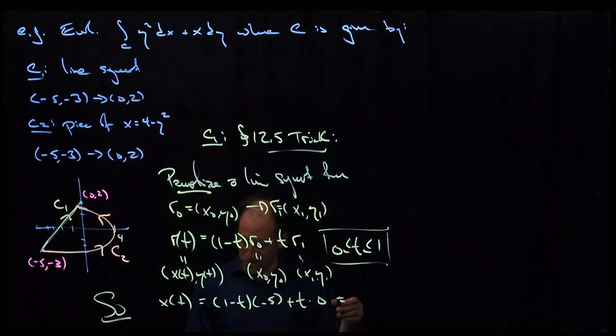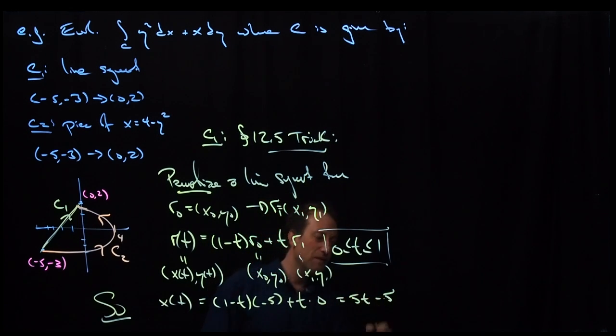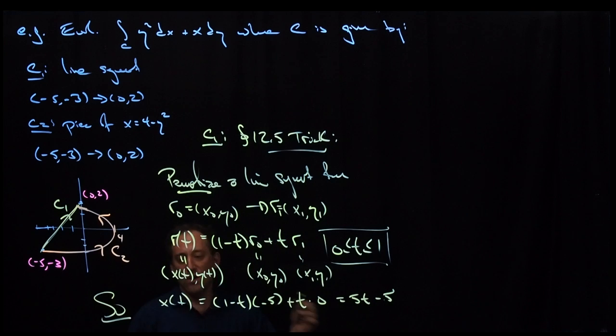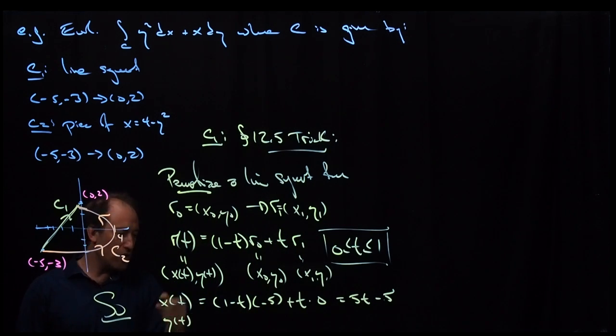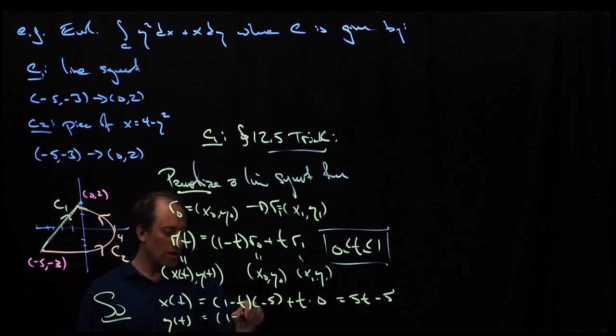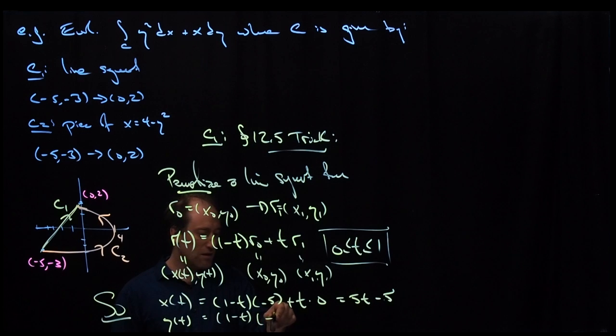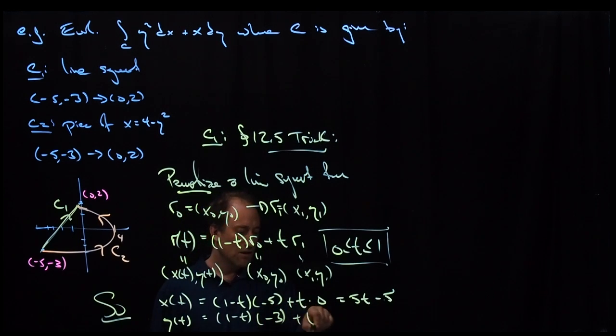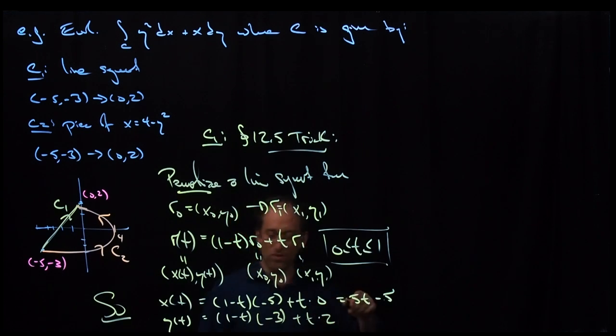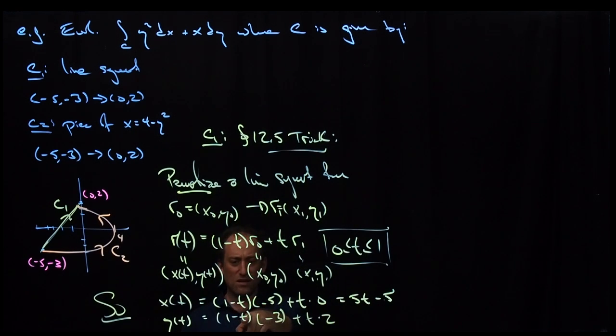The second term zeroes out, so I wind up with 5t minus 5. Similarly, for y, it's going to be (1 minus t) times y0, which is minus 3, plus t times where I end, at 2. So this will be minus 3, but then plus 3t plus 2t.